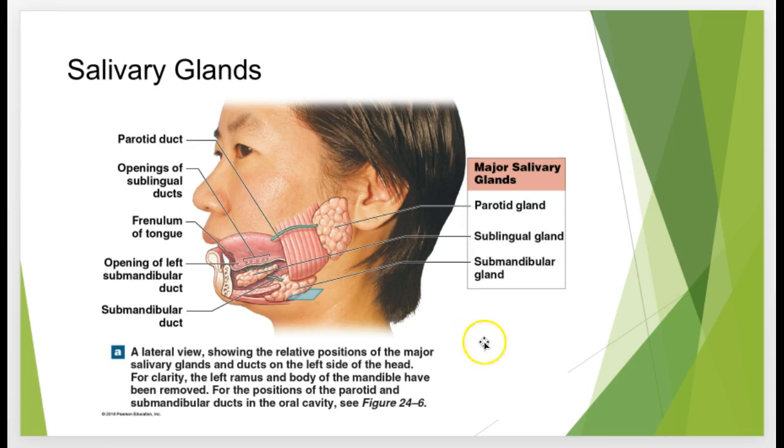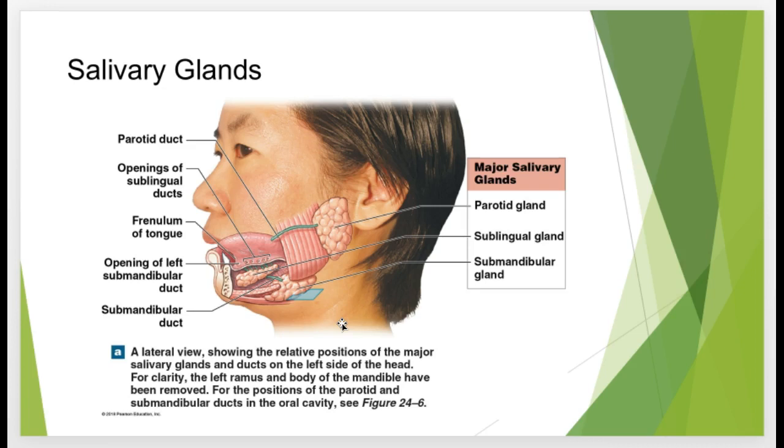You also have sublingual glands. These are located right underneath your tongue. And then you have submandibular glands as well. Those are located just underneath your jaw, all of which secrete some form of an amylase that helps to break down carbohydrates.